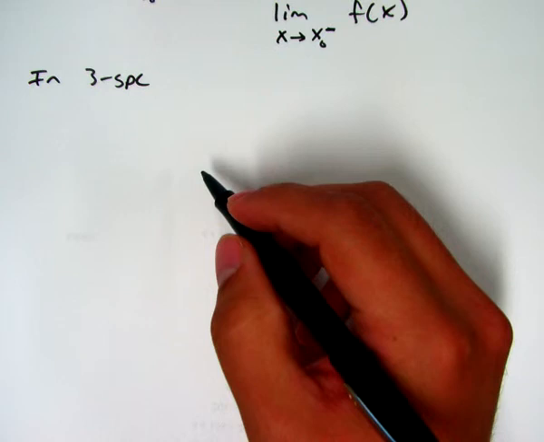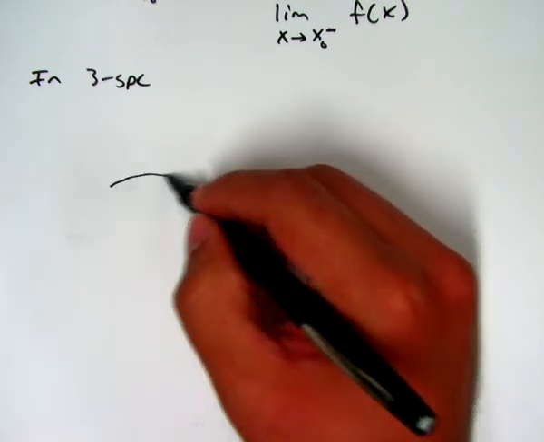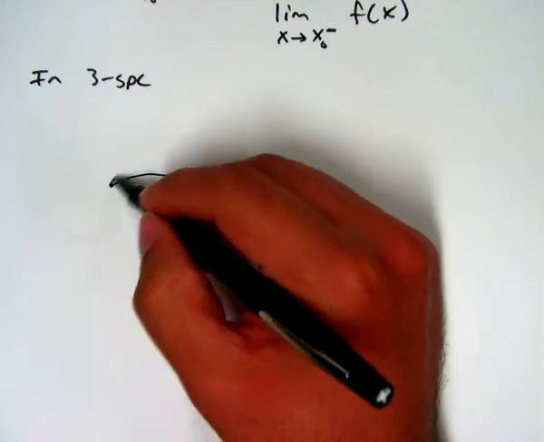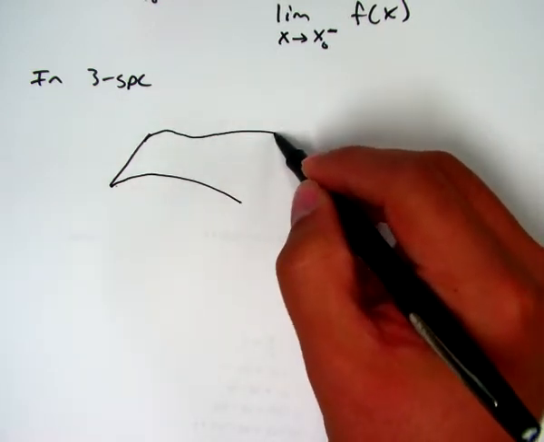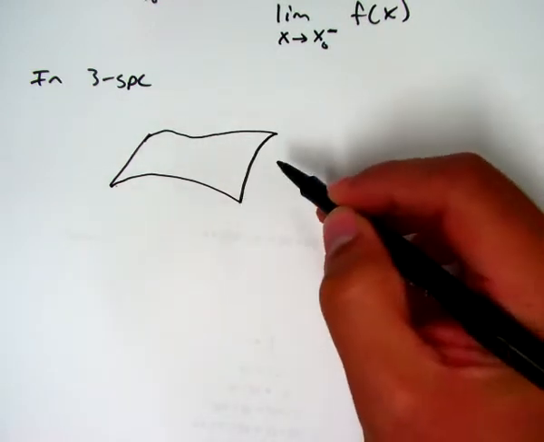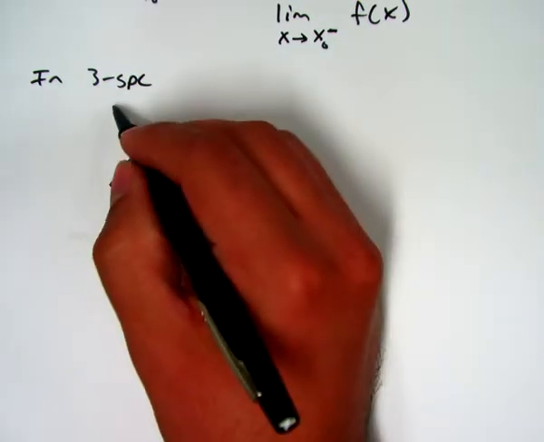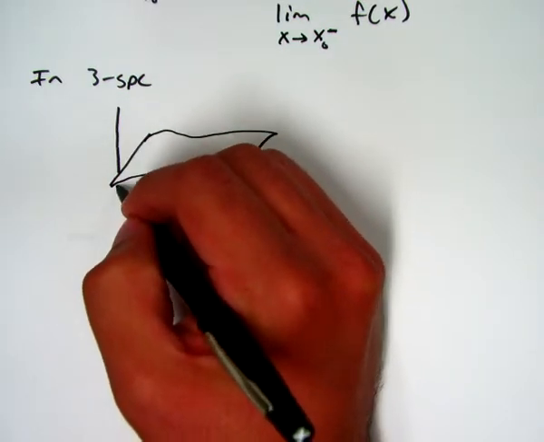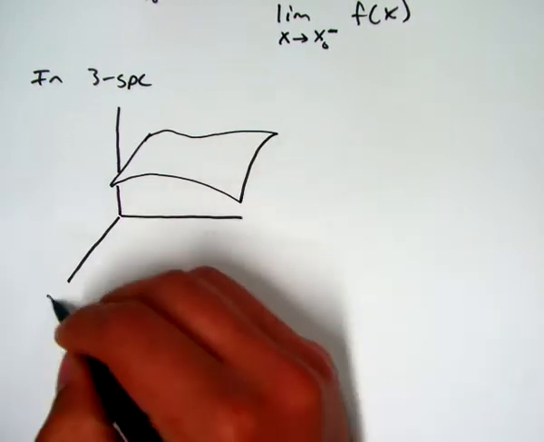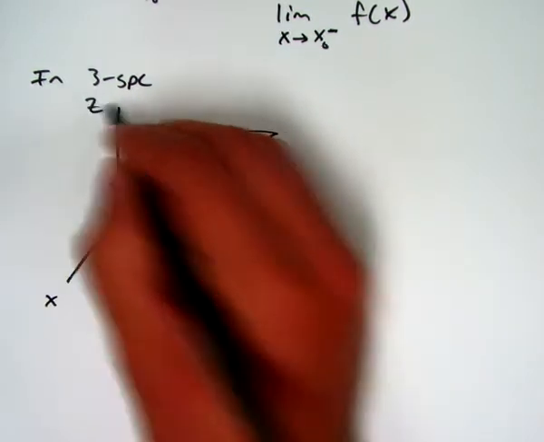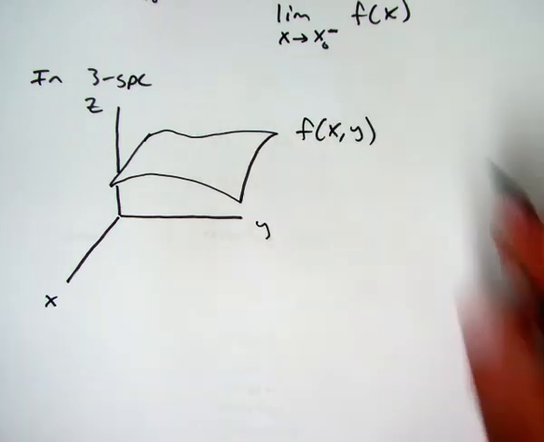let's start by drawing a surface. So here's our f of x y, or at least a portion of it.